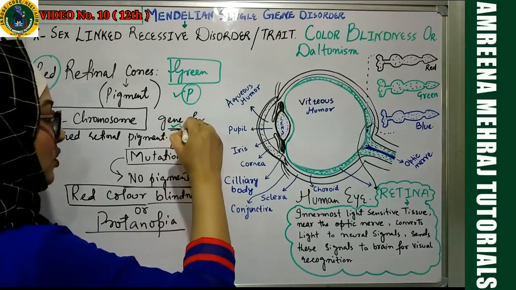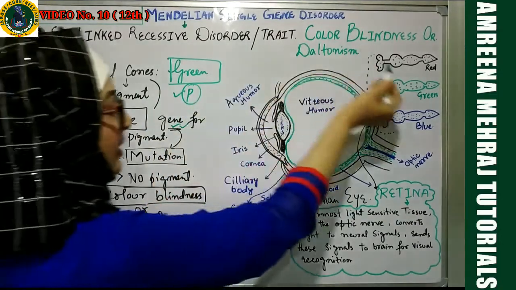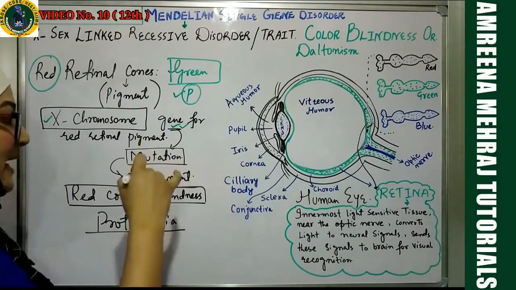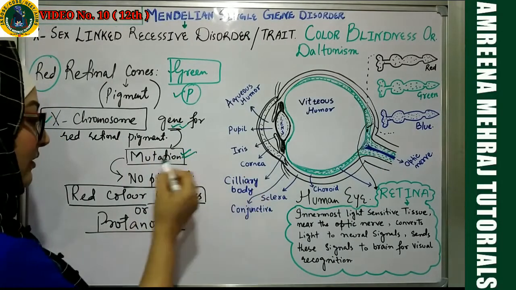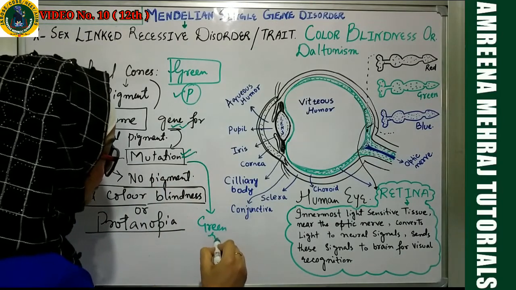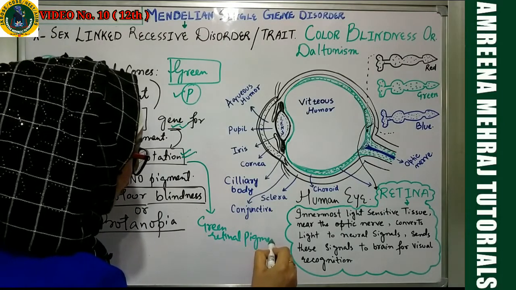If that gene is normal, the person will be able to produce the green pigment, his green cones will function, and he will be able to perceive the green color. But if the same gene undergoes mutation, the individual will not be able to produce the green retinal pigment. Getting my point or not?